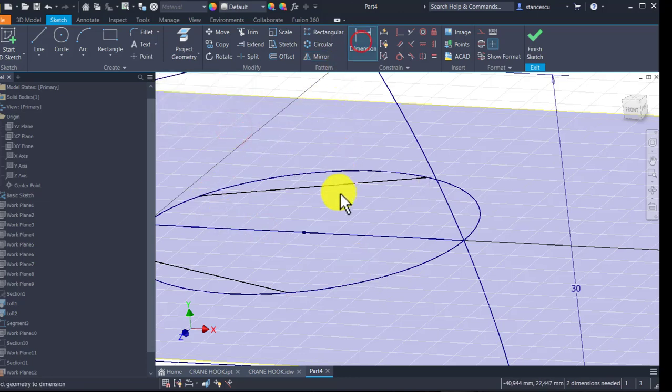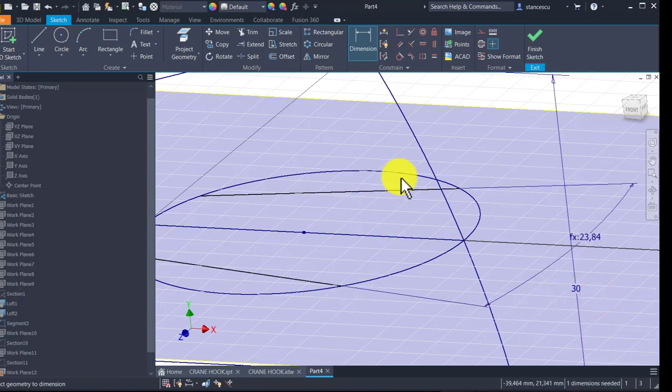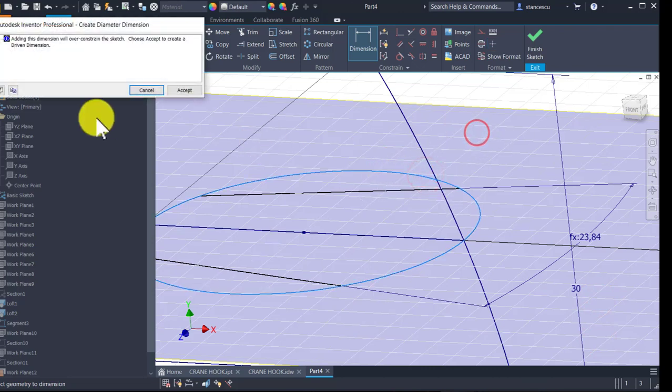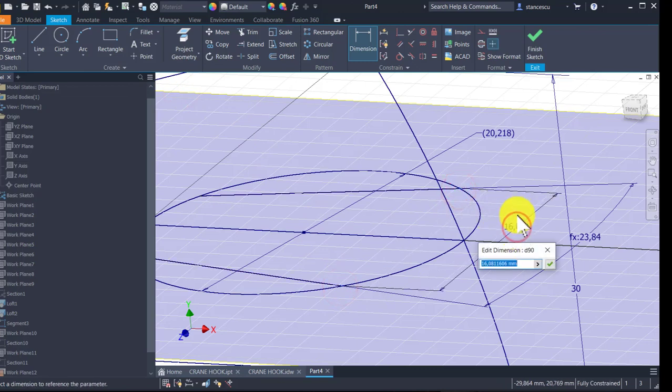Angle, cut angle, okay. Driven dimension, expression from end to end, this, Control V. Okay.